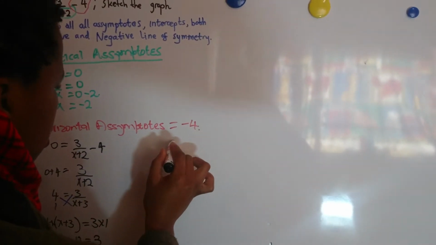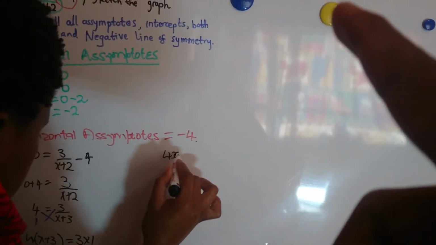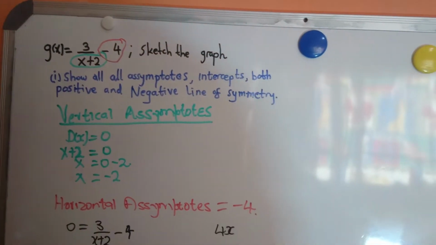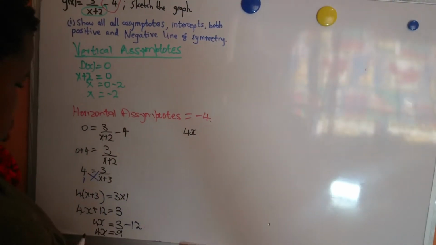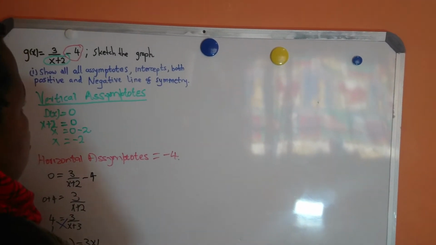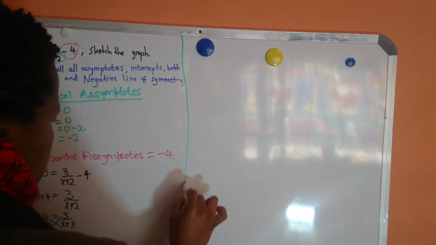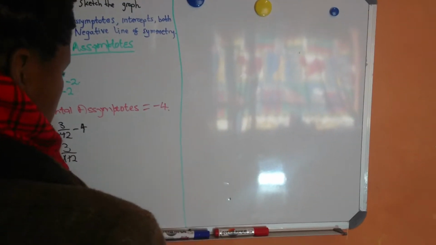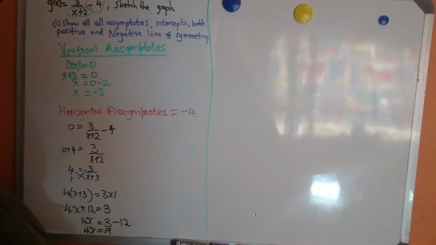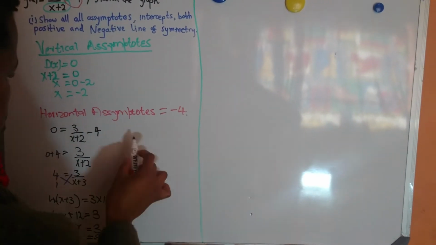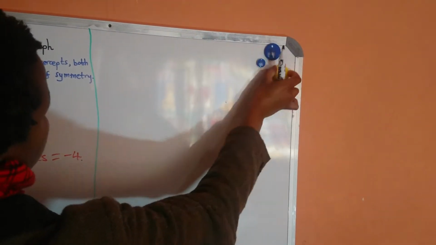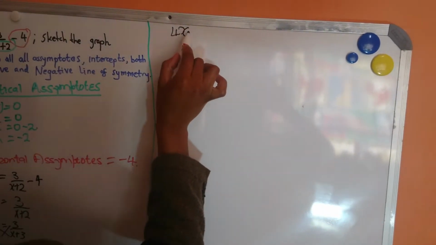Okay, you don't cut there, just draw a line to separate, so that it separates. Let's separate using another pen. Now, how are we going to draw the graph?